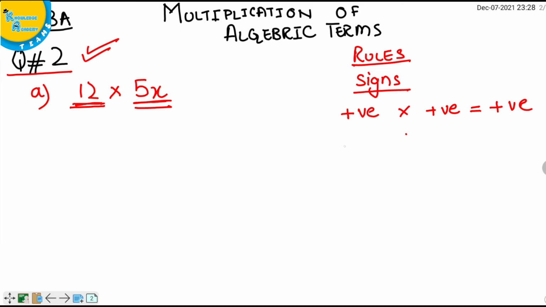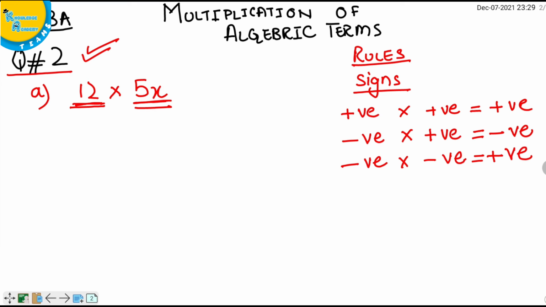If we have to multiply two terms in which one term has the negative sign, this is a very important rule, and the other term has the positive sign, the sign of the answer will be negative. Similarly, if we multiply two terms in which one has the negative sign and the other has the negative sign as well, then the sign of the answer will be positive. So these are the simple rules of the signs.